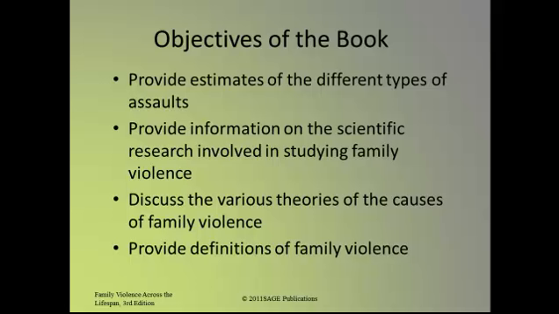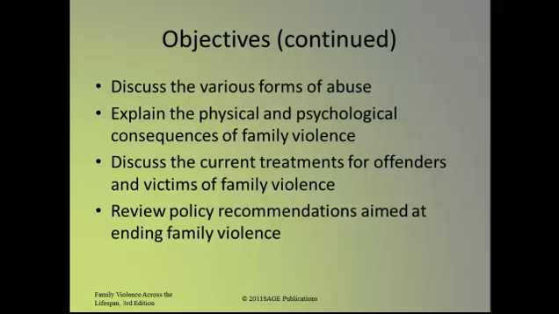We'll be looking at different theories of the causes of family violence, and also talking a little about the definitions of family violence and various forms of abuse. In this course, we're going to look at child abuse and neglect, and intimate partner violence, both in marriages and outside of marriages, in intimate relationships outside of the family that are still significant to individuals.